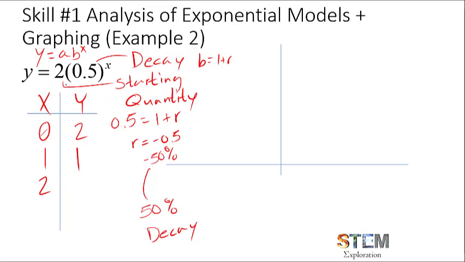We plug 2 in for x. 1/2 times 1/2, or 0.5 squared, is 1/4. 1/4 times 2 is 1/2. And if we take it to the third power, we go 1/2 times 1/2 times 1/2. That is 1/8. And 1/8 times 2 is 1/4.